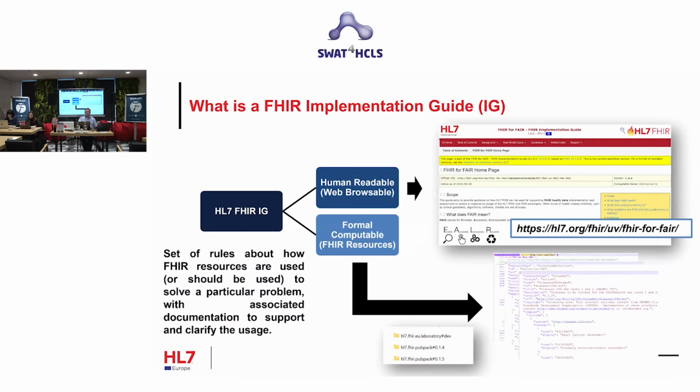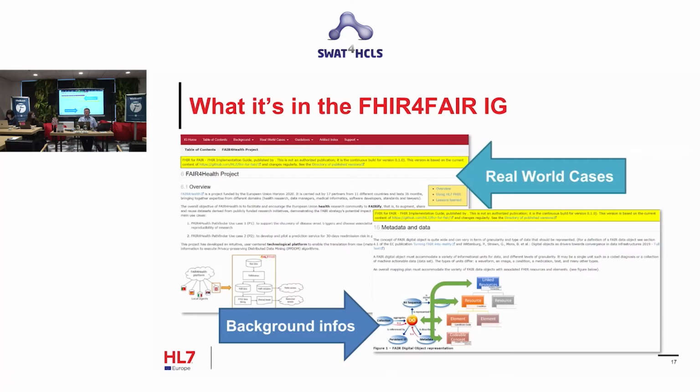So we wrote an implementation guide that consists of multiple things. There is a human-readable part that tries to explain how we think that FHIR could help to be FAIR, addressing every one of the FAIR criteria or guiding principles.